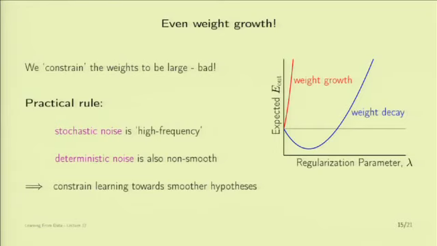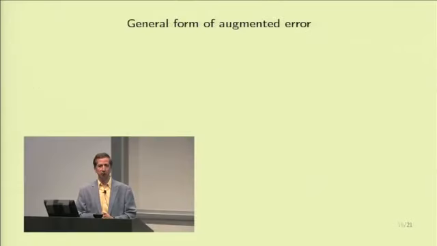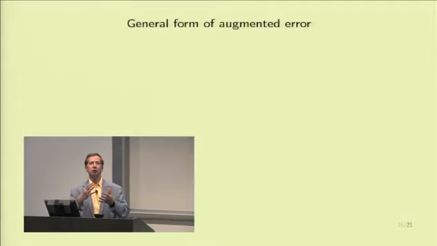But that's not the way people write hypothesis sets. So in most of the parameterizations you're going to see, small weights correspond to smoother hypotheses. And that's why small weights or weight decay works very well in those cases, because it has a tendency towards smooth guys. Okay. So now let's write the general form of regularization and then talk about choosing a regularizer.